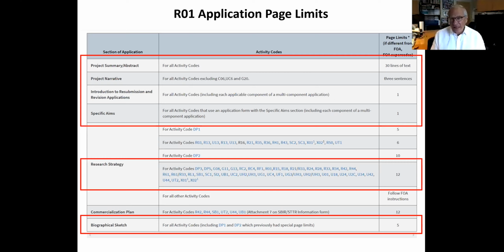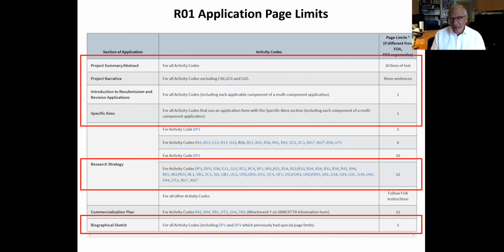And they look through your application, and if they see that you haven't followed the font requirements or the margin requirements or the page limits, it's totally possible that they will send it back to you, and you will have no recourse but to wait until the next cycle to resubmit. So be sure to follow the instructions strictly.